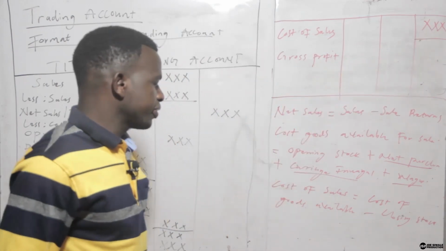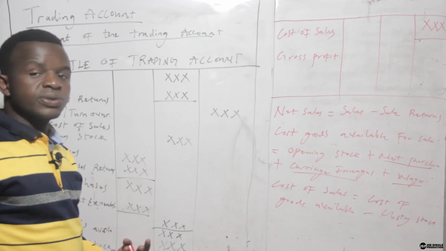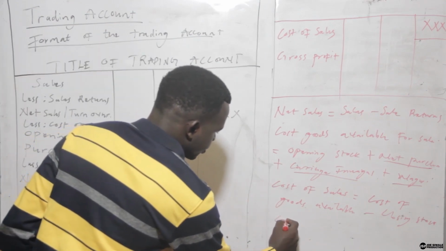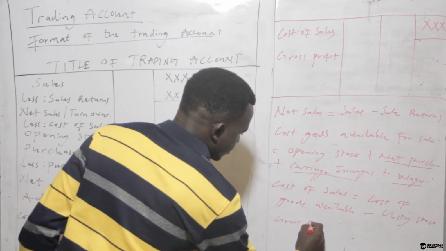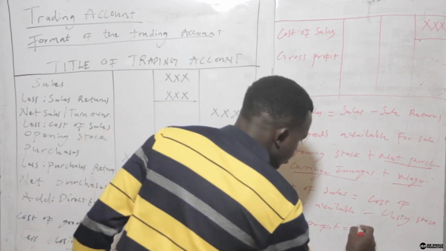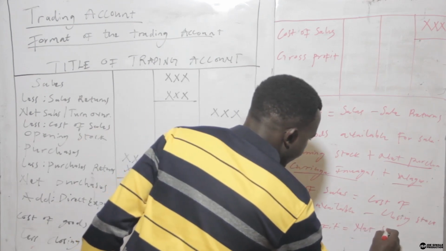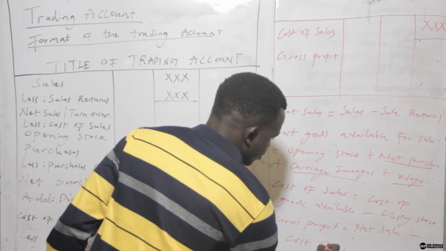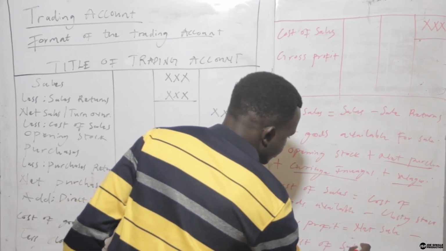Then the last part of the formula that you need to understand is gross profit is equal to net sales minus cost of sales.